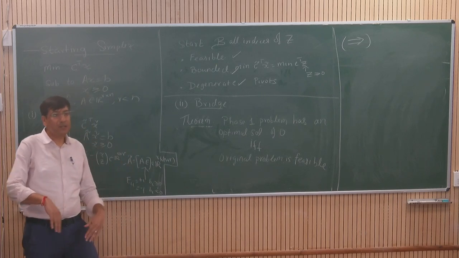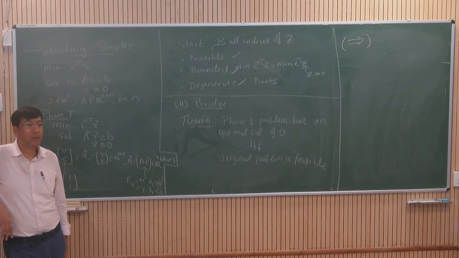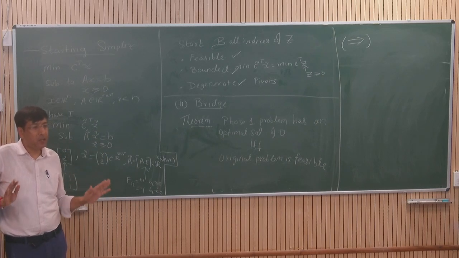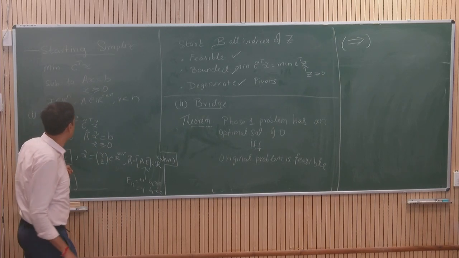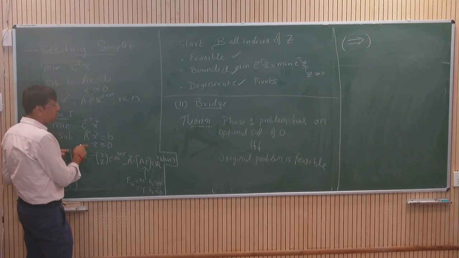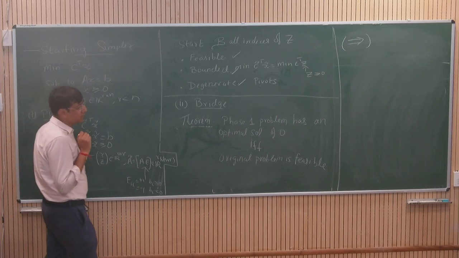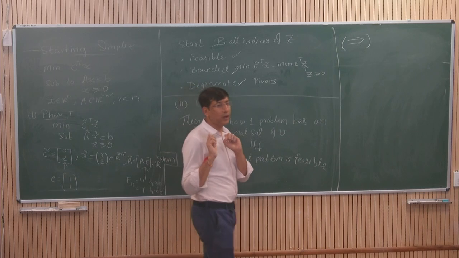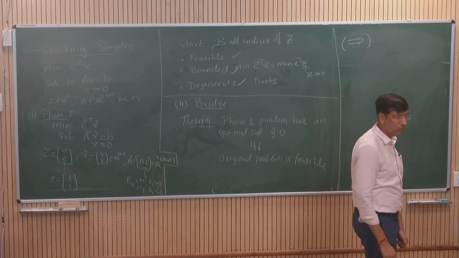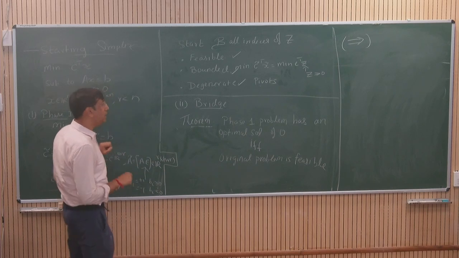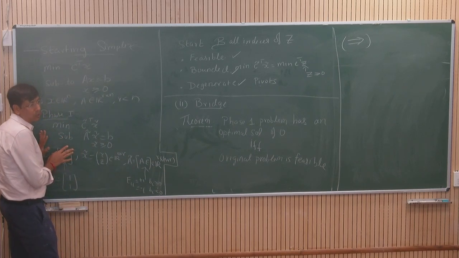If and only if means it goes both directions, which means if your original LP is feasible, then definitely this will always converge to an optimal solution of 0. We will not work with an infeasible problem, right? Which means that once we prove this, we will be guaranteeing that this will converge to 0.